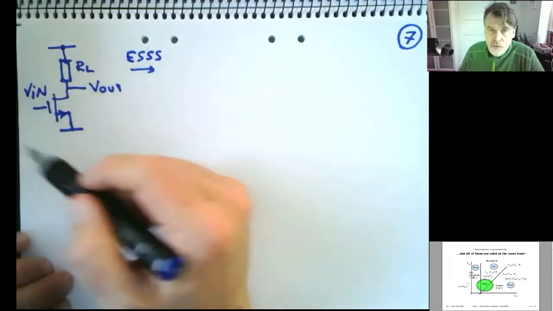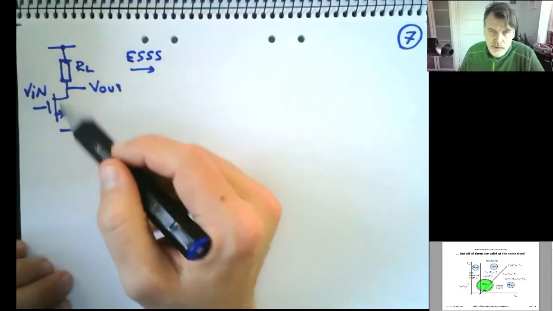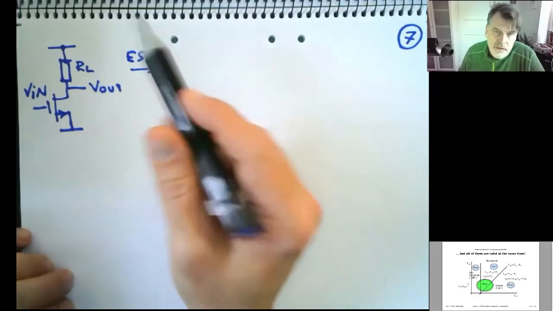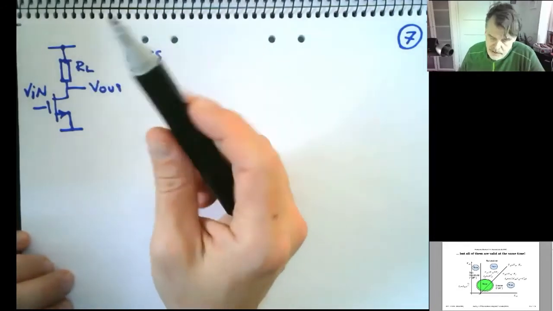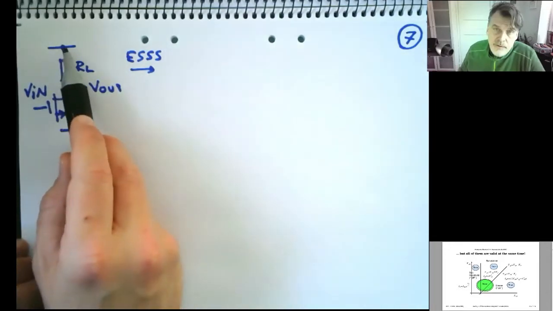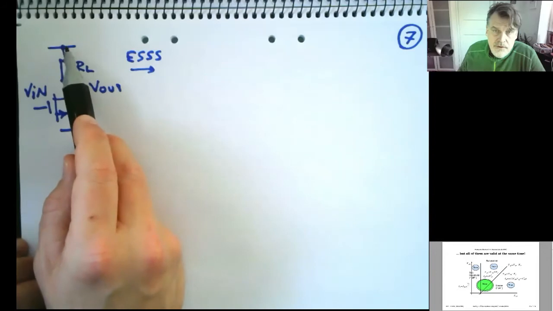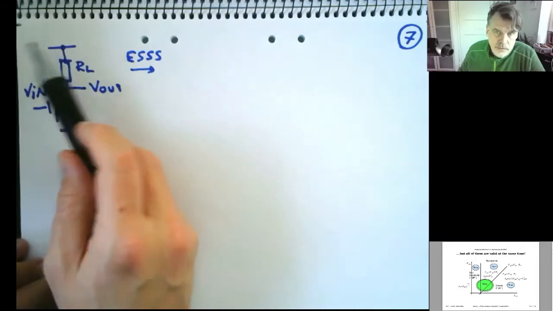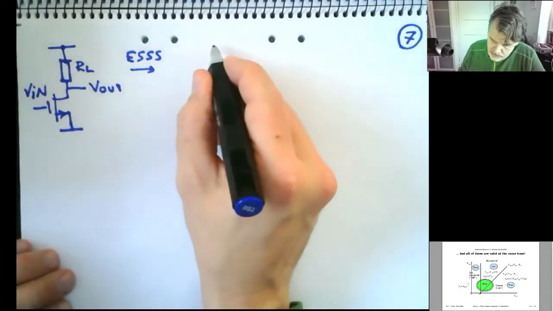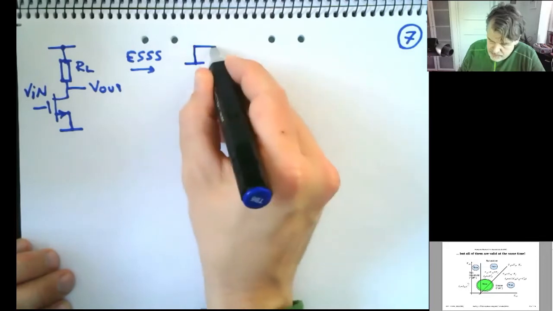So I already assume I found an operating point where I locate my voltages and currents. And then I use Taylor's theorem or Taylor's approach to linearize this. So for example, we know that VDD, if we derive a constant voltage with respect to something, it's going to give us 0. So all constant voltages are just forced down to 0. So the equivalent small signal schematic would be something like this.